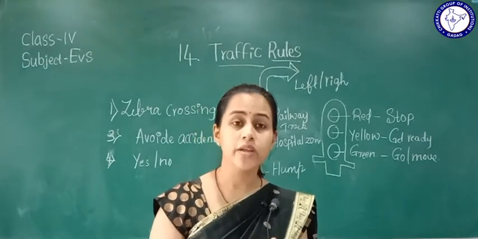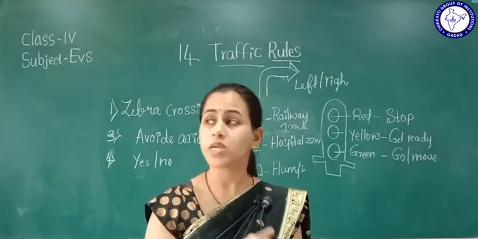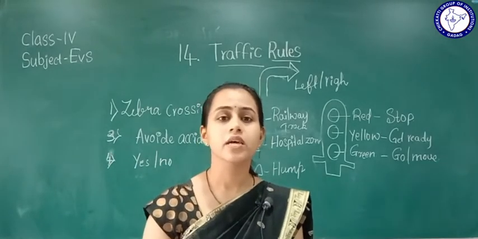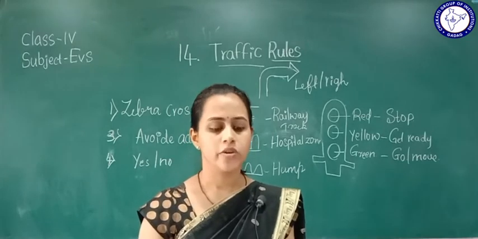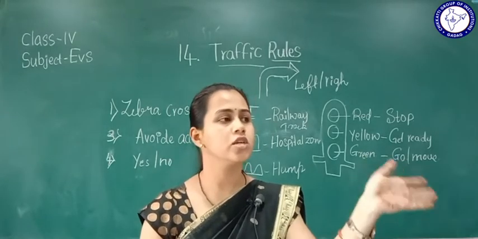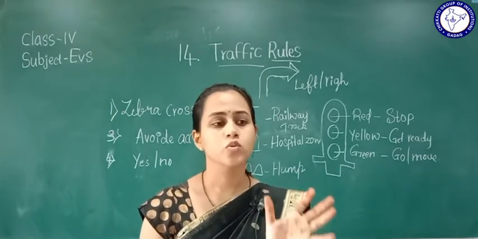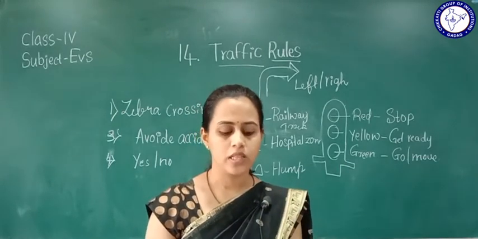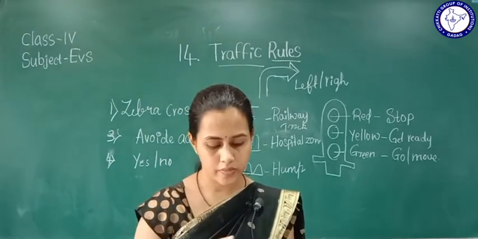It's showing what? Do not use horn, because in the area where they need silence, right? The hospital, or some other things, or the school, right? The school zone and the hospital zone, they say do not use horn.